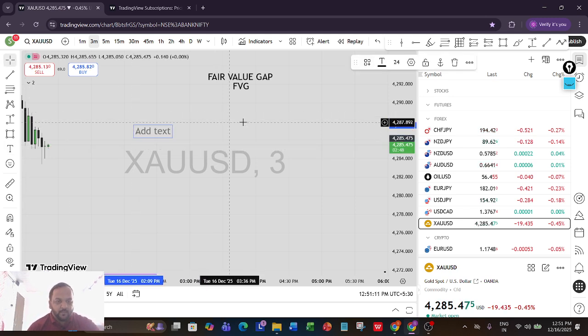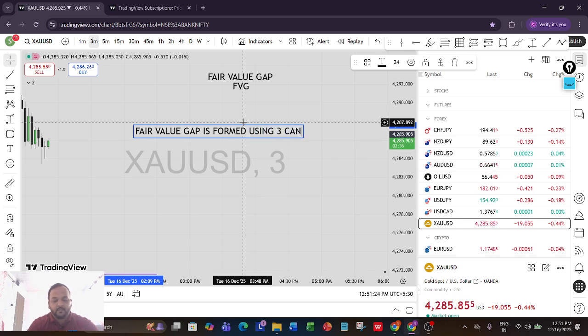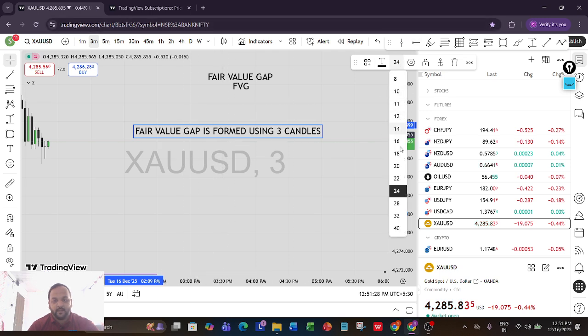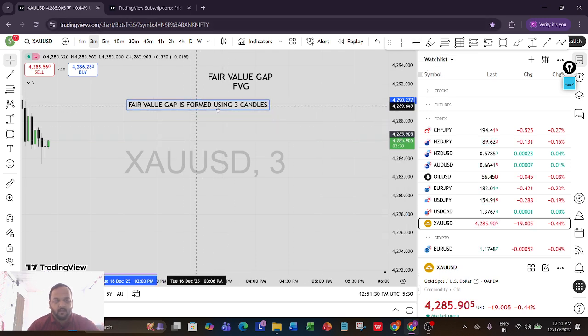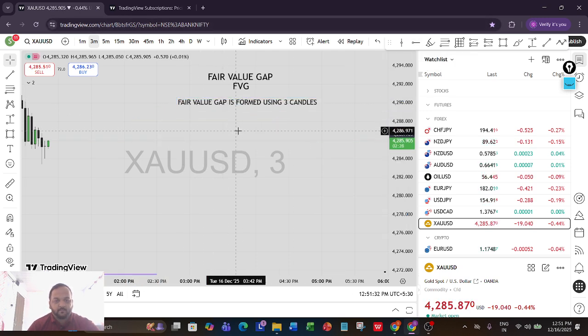So what is fair value gap? Fair value gap is formed using three candles. We can say three candles or three consecutive candles. Okay, so this is exactly what fair value gap means, that is the FVG.